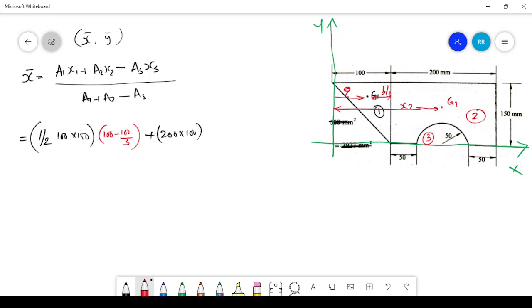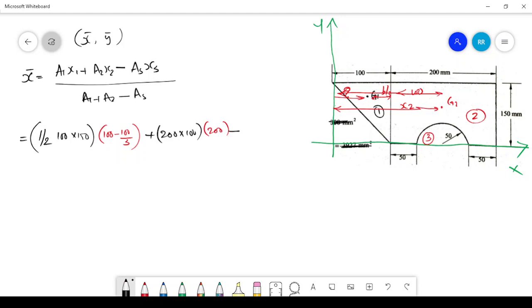We know that 200 is the length of that rectangle, so this distance will be 100. And from the y-axis, I need to add this distance also. So 100 plus 100, which is 200, right?